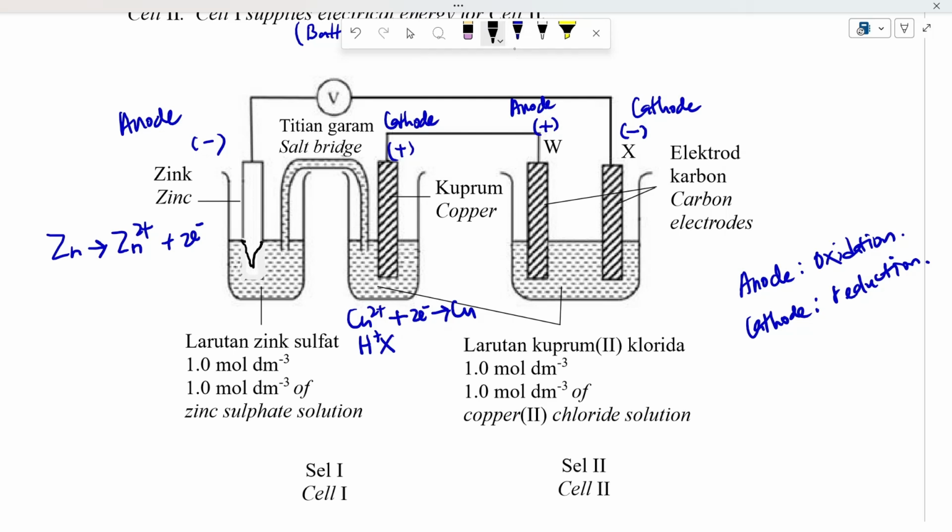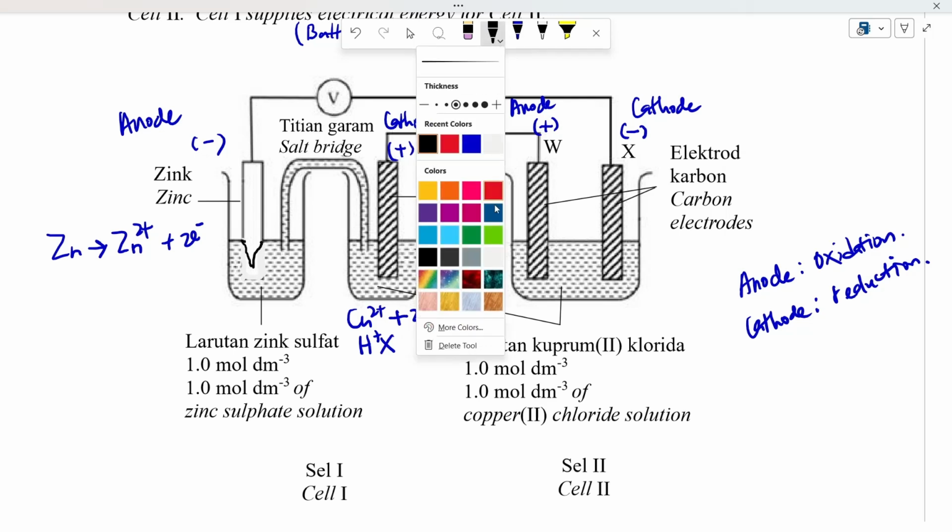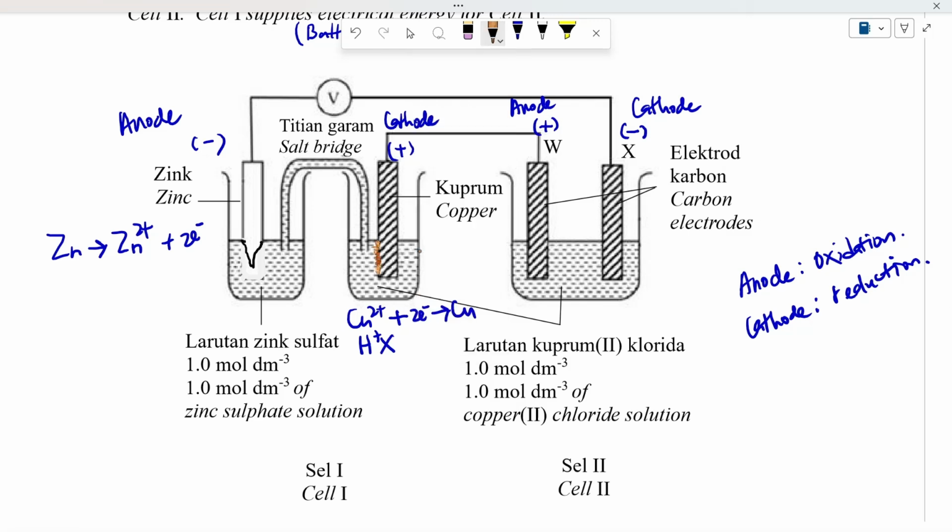It forms copper. What color is copper? Brown. So it will form a brown solid, deposited here. This one we haven't discussed until this part.